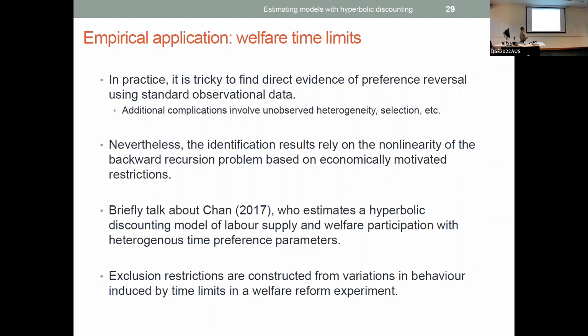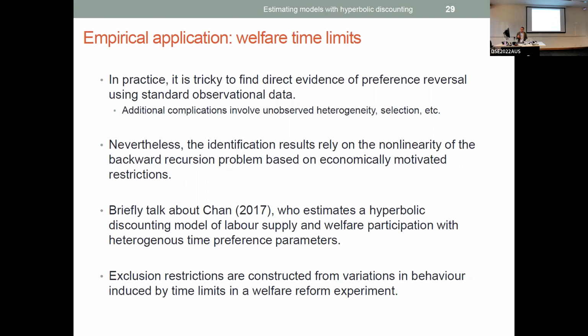Nevertheless, the identification results that we have seen so far rely on the nonlinearity of the backward recursion problem, and on economically motivated restrictions. Of course, in the terminating action, you just impose the restriction based on the context, but they're all economically motivated. I'll talk briefly about my 2017 work, which estimates a hyperbolic discounting model of labor supply and welfare participation with heterogeneous time preference parameters.